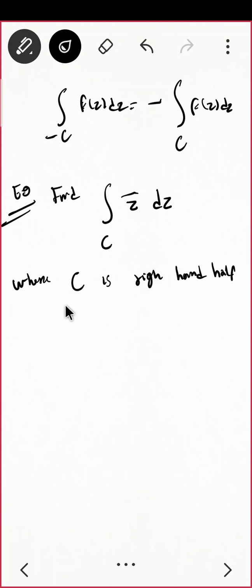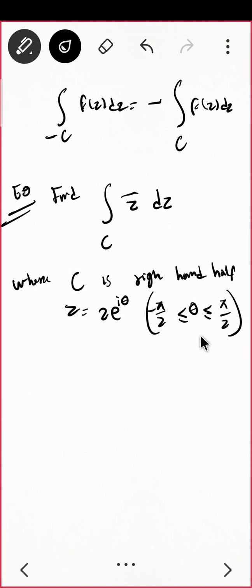That is z equal to 2 e raised to i theta, where theta is between minus pi by 2 and pi by 2, the right half. So this is the parameterization they have given, of the circle mod z equal to 2, that is clear from here only.